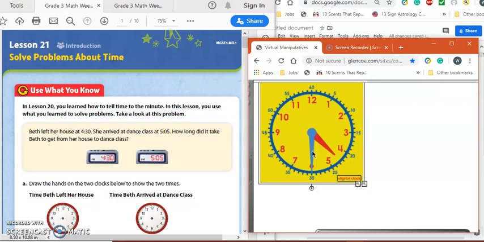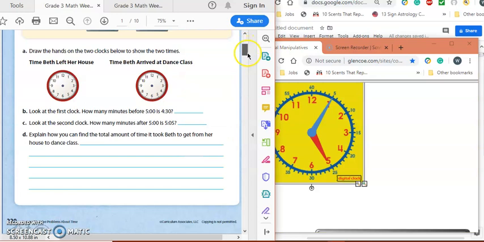Let's count around to find out how many minutes it took Beth to get to her class. 5, 10, 15, 20, 25, 30, and 5 more is 35. So it took Beth 35 minutes to get to her class.